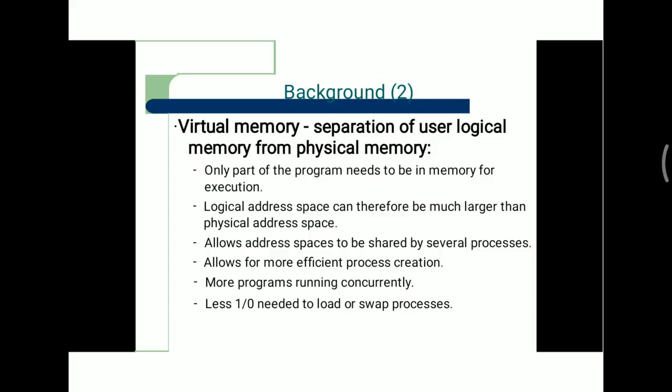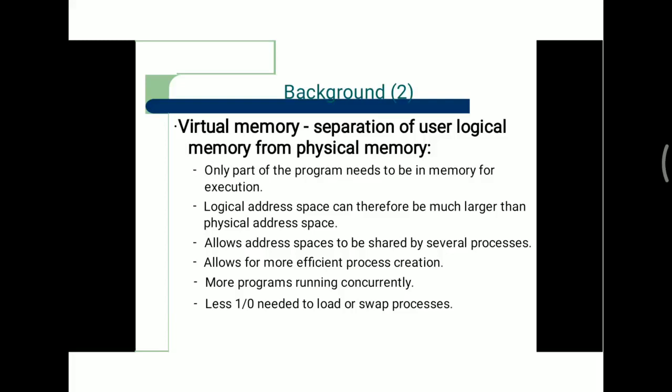Now it comes to the background: the separation of user logical memory from physical memory. The difference between logical memory and physical memory will be understood from the background. Only a part of a program needs to be in memory for execution. The logical address space can therefore be much larger than the physical address space, and it allows the address space to be shared by several processes.